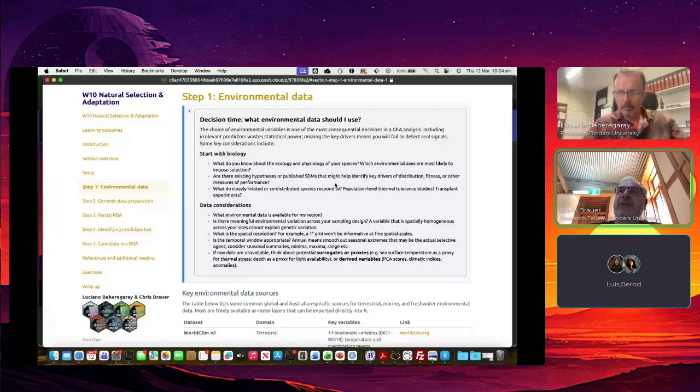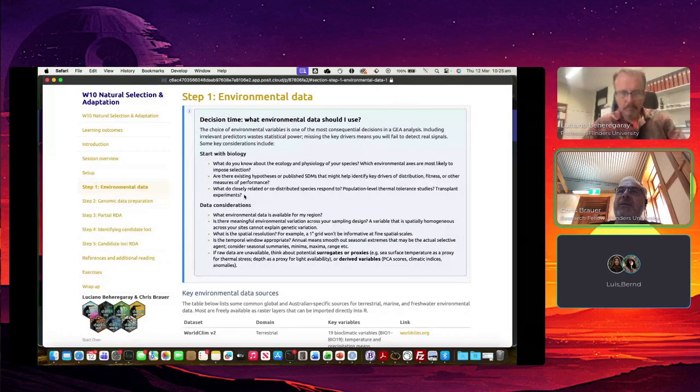At that scale, that kind of dictates where you might look for your environmental data. And if there's nothing available, if you're starting completely from scratch, maybe look at co-distributed species. If there's anything in the literature that you can find about some part of the environment that affects those species, if they're similar. But you've really got to come to it with some idea about what you think is important.